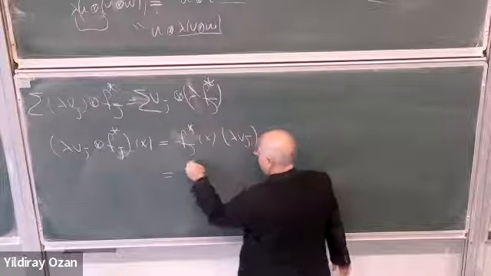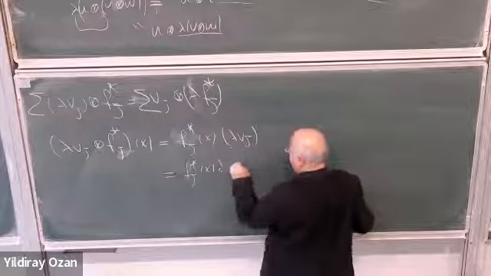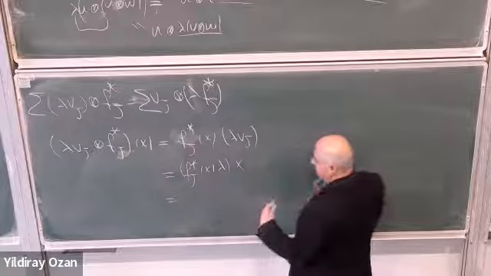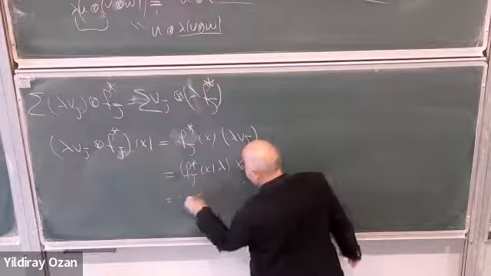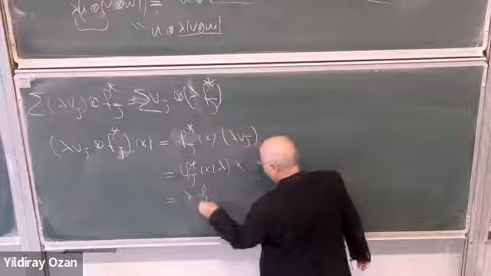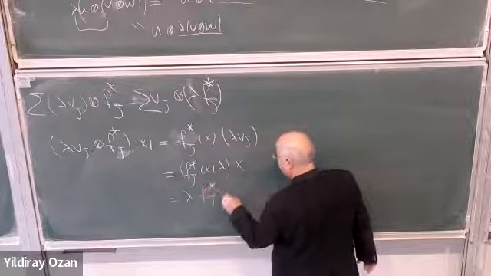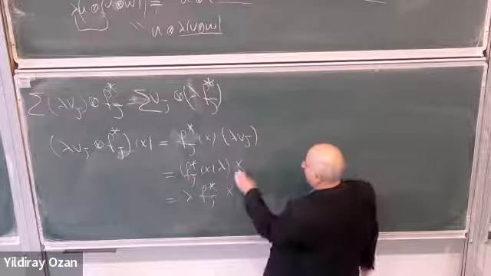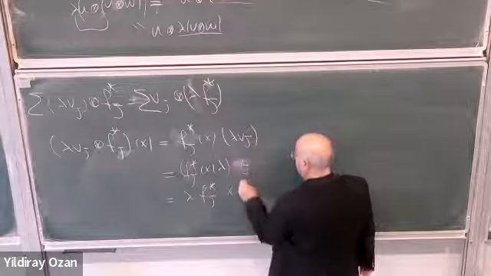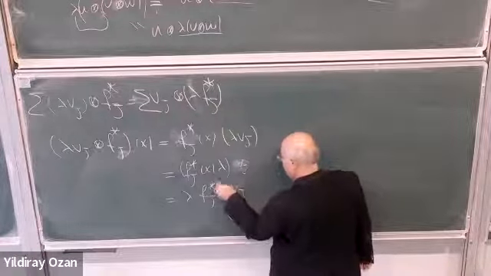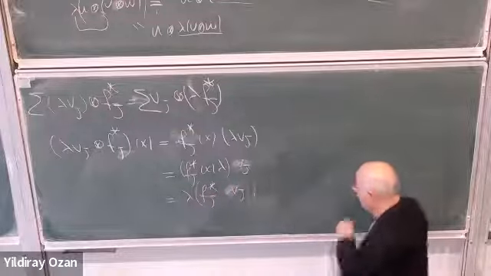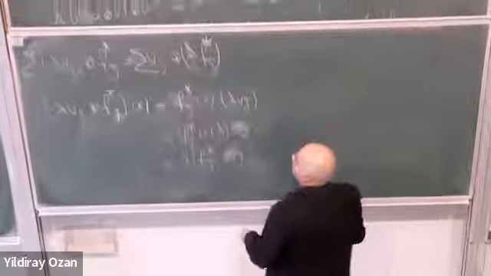I just write it this way. But scalar multiplication is associative, commutative. I can write it like this, x bu, V_j. And I can write it like this. But what is this?